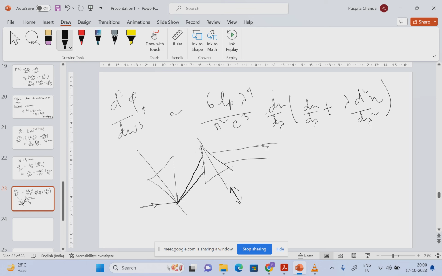Now, for dispersion adjustment, there is a ray, the ray got diverged.